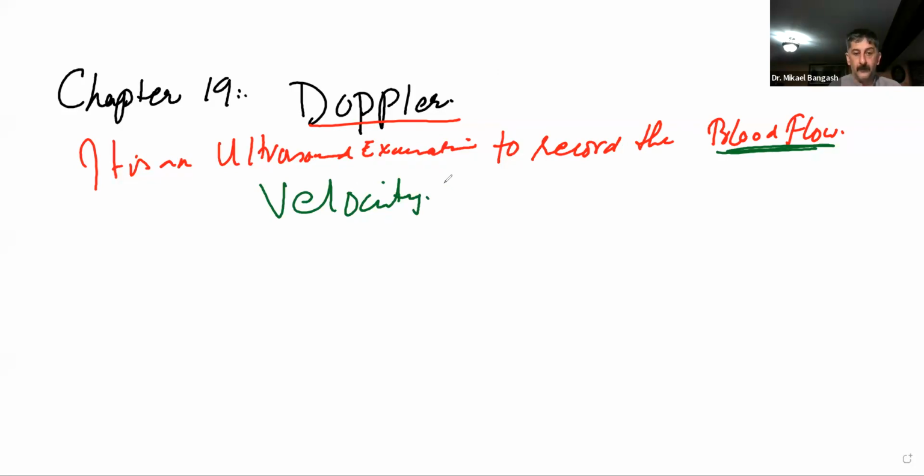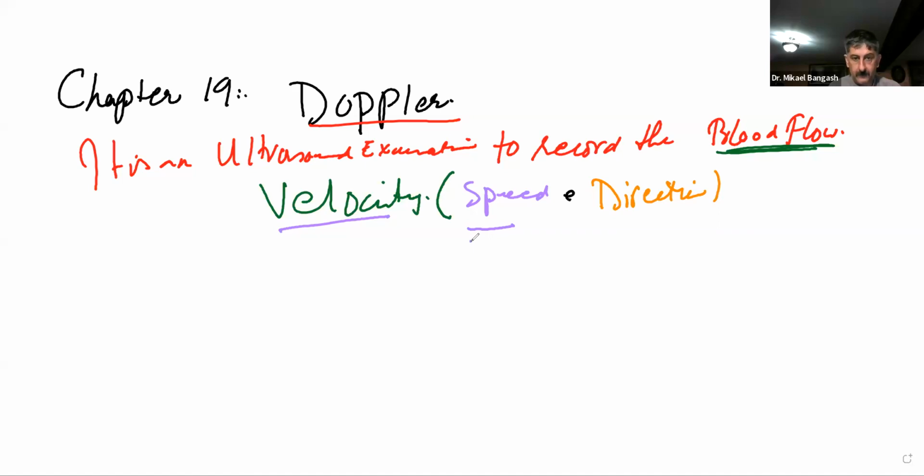Where we know that velocity is mainly what we call speed plus direction. Is that clear? So your speed is still going to be a numerical value.